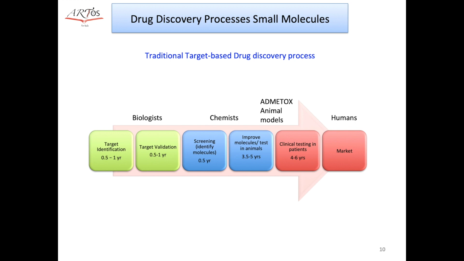Then, medicinal chemists work in collaboration with the biologist to test molecules, improve the molecules, and test them in animals. When a molecule is proven active, it is also necessary to check it for safety and finally evaluate the toxicity and the efficacy of the drug in humans before reaching the market. This process takes more than 10 years and costs millions of dollars.